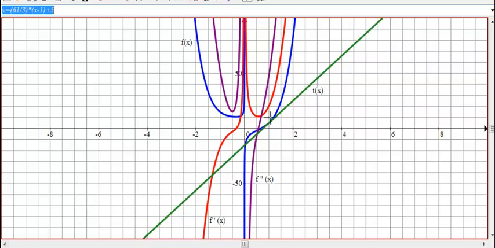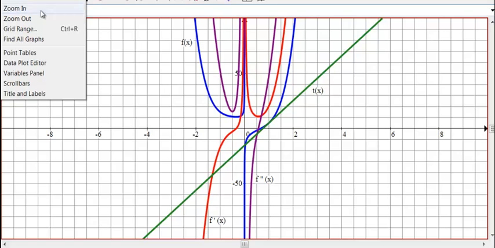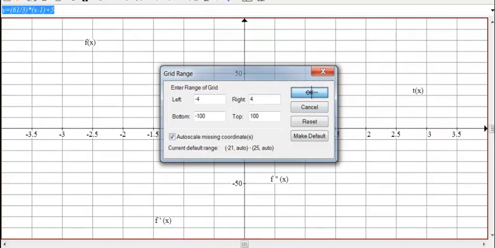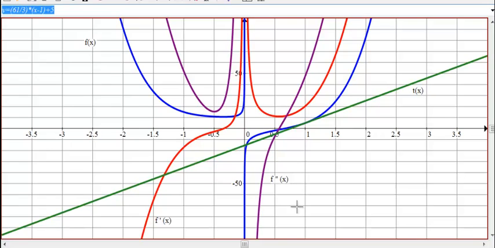That looks pretty good, although we might pull it in a little bit on the sides. So what if we only went from -4 to 4 on the grid range? Yeah, that's not bad. Well, there's a lot of stuff going on there. Let's see if it makes sense.